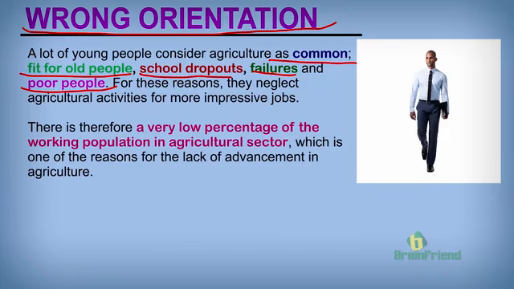For this reason, young people neglect agricultural activities for more impressive jobs. There is therefore a very low percentage of working population in Nigeria's agricultural sector. And this is why there is a lack of advancement in agriculture.